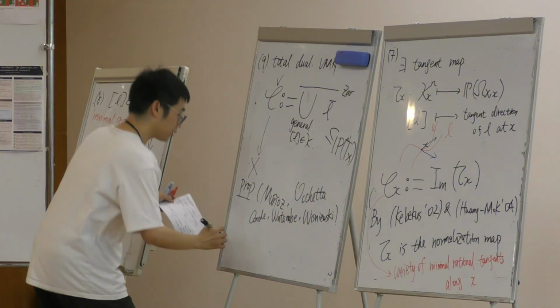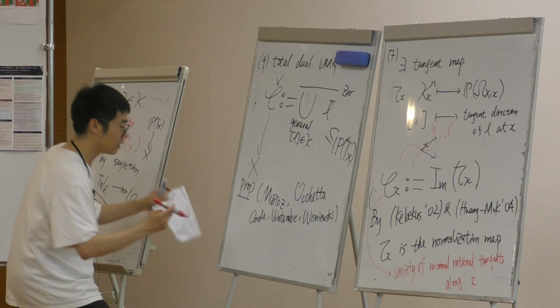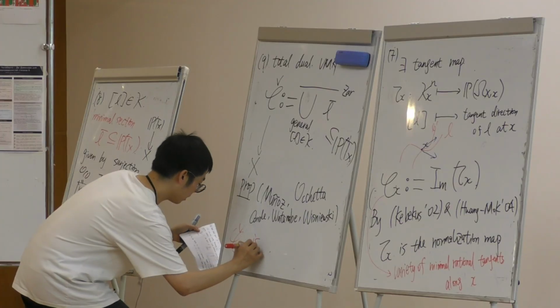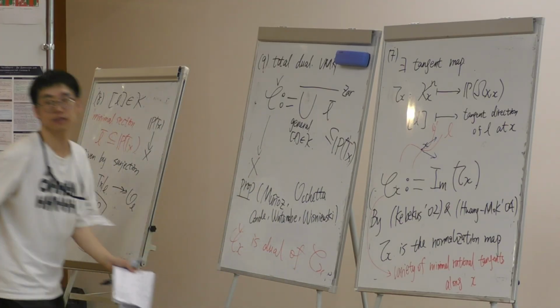What they proved is that this C check X is the dual of Cx.